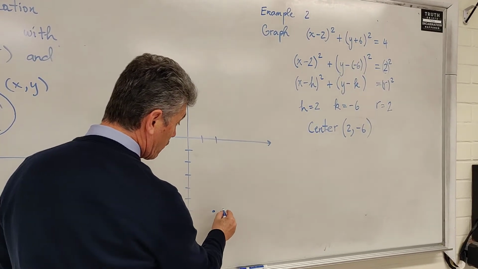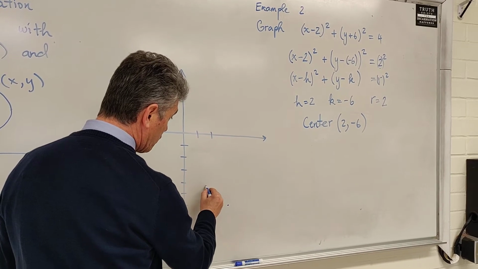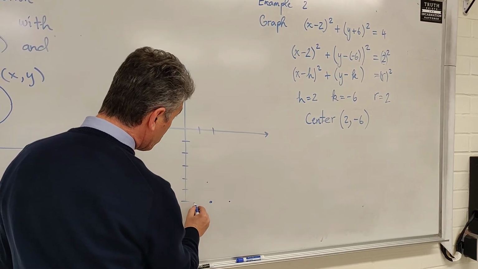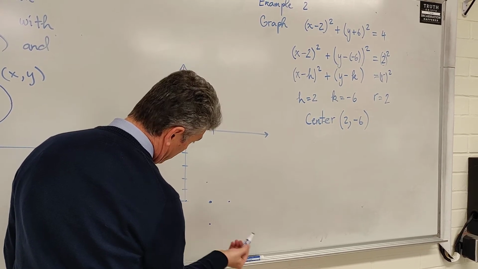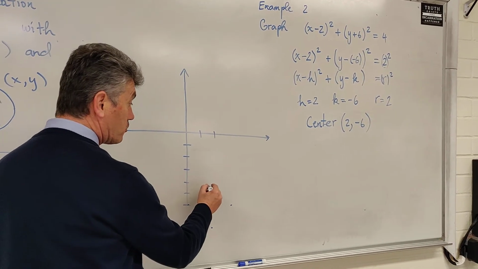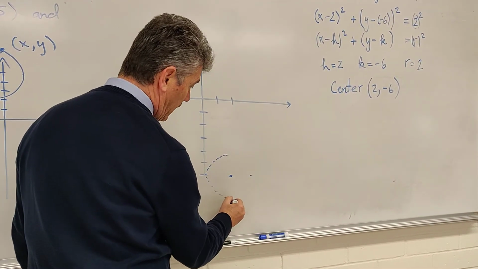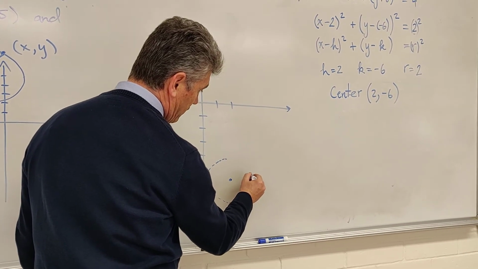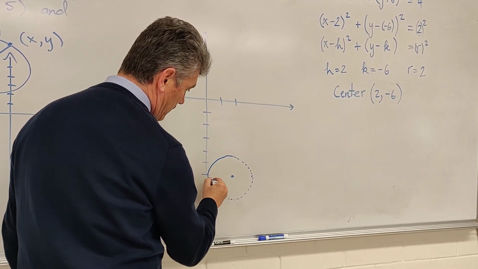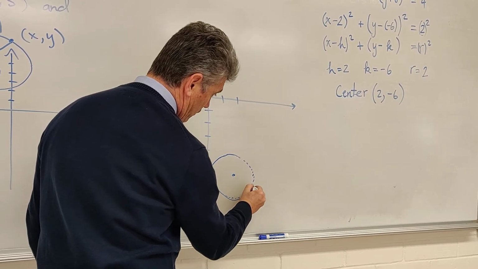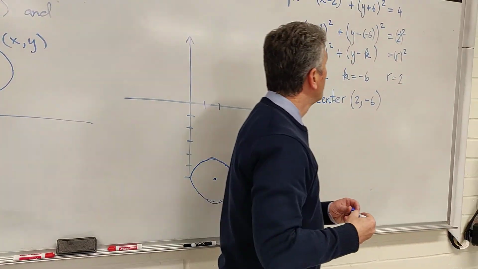From the center, go 2 units to the right, go 2 units up, go 2 units to the left, and go 2 units down. To the best of your ability, draw a circle. I'm going to use dashed lines because it's easier for me to draw it with dashed lines at first. And then I'm going to draw my circle. It's not much of a circle, but there it is.